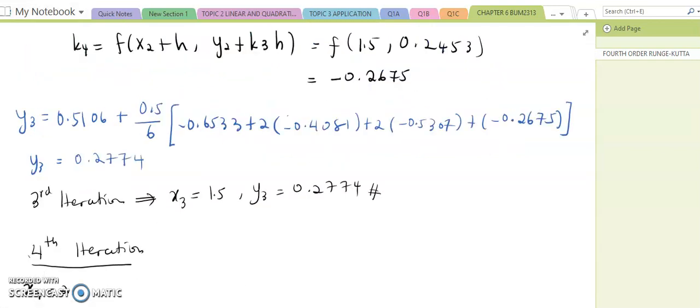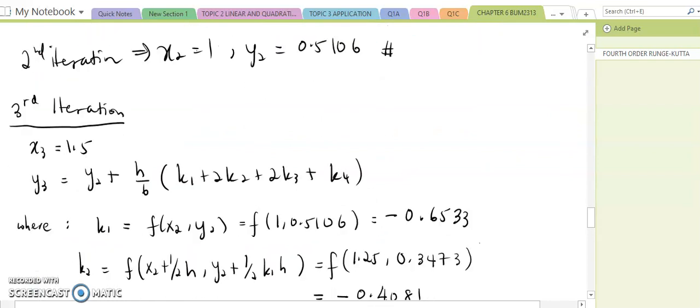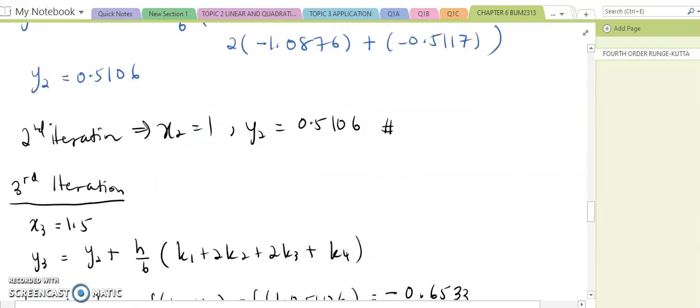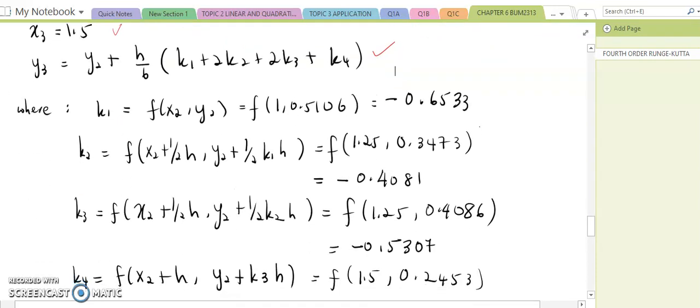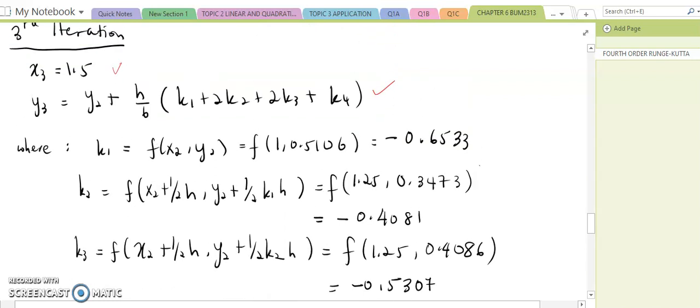Okay, for the third iteration, x3 equals 1.5 because x2 is 1, right? So since h is 0.5, x3 is 1 plus 0.5, so it is 1.5. And then you must find the y3, using this formula here. So it is the same as the previous iteration. You need to find the k1, k2, k3, and k4 values. And to find all of the k values, you must refer to the previous x value.